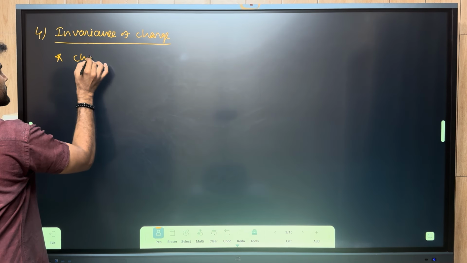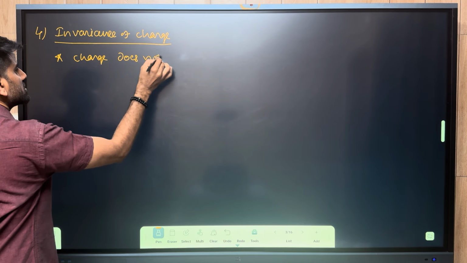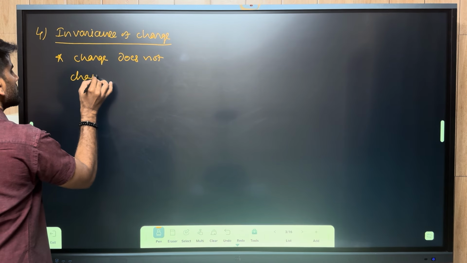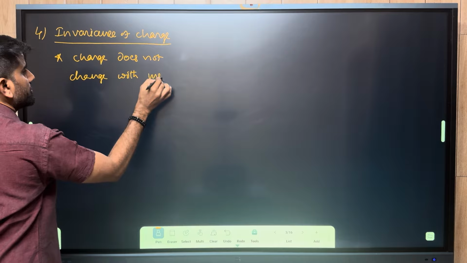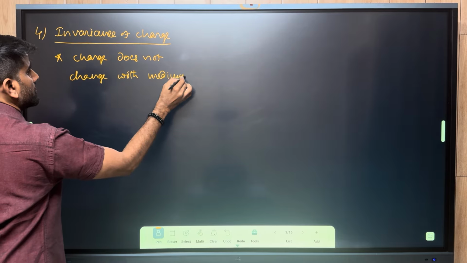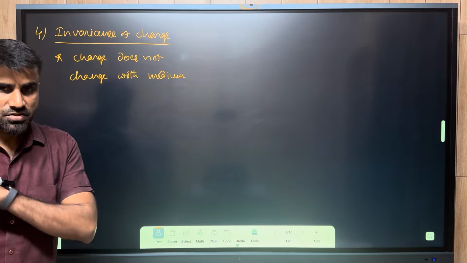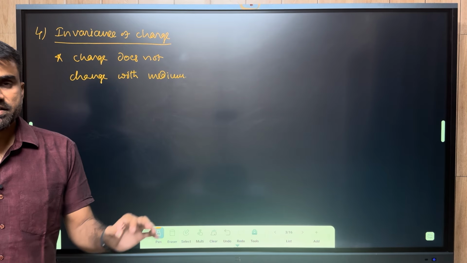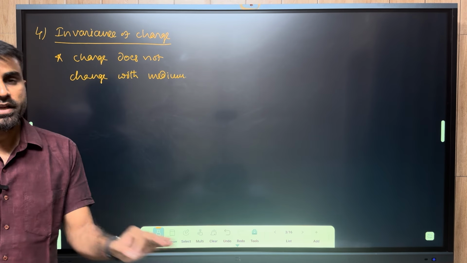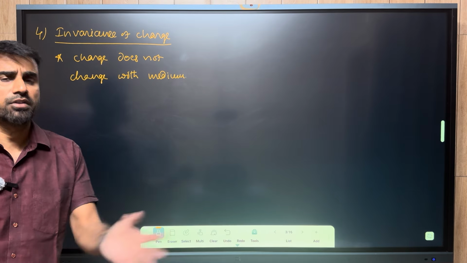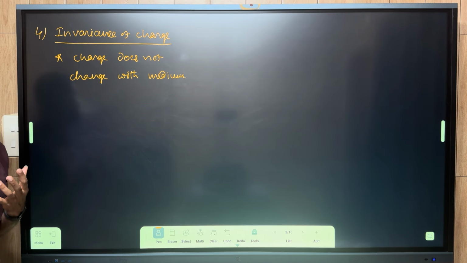This is one important point. Even if you place this charge anywhere in this space or air or water or any kind of alcohol or any kind of medium, the charge will not change.